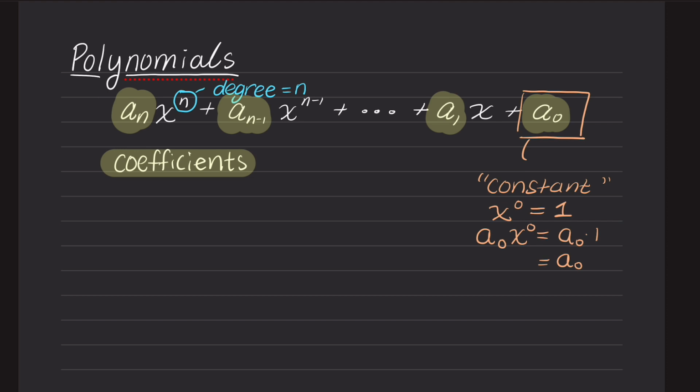And then we have this term over here, which is up at the front of our polynomial. It's the one that specifies the degree because it has the highest exponent, and we call this the leading term.